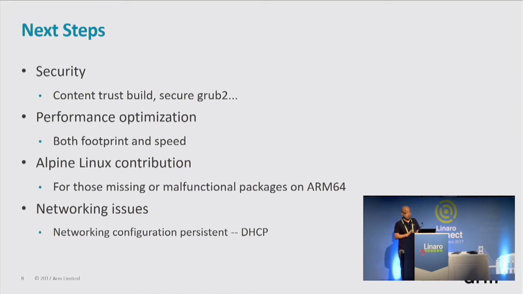The last is the networking issue. Currently, LinuxKit is heavily dependent on DHCP. So in some use cases, if DHCP is not available, we need to configure the networking manually.